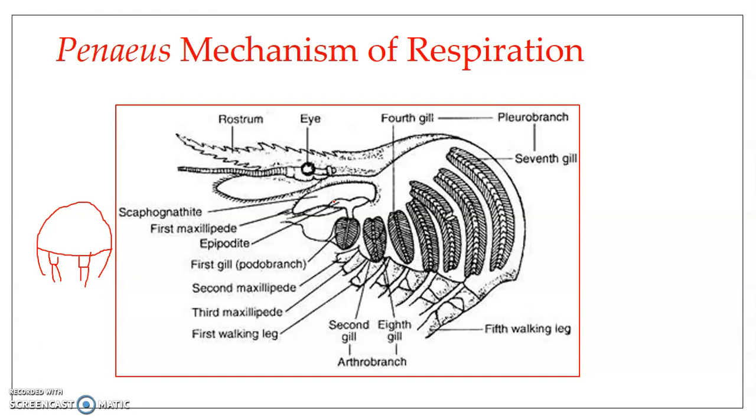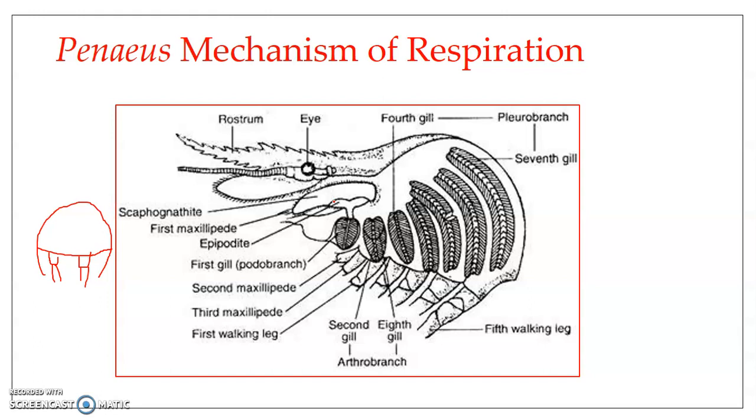Water is taken in through the anterior opening of the branchial chamber, then gaseous exchange takes place between the respiratory surfaces and the water. The oxygen moves into the vessels and the respiratory surfaces, and on the contrary, the carbon dioxide moves out into the water. This water moves out through the posterior opening of the branchial chamber. So this is a whole cycle.